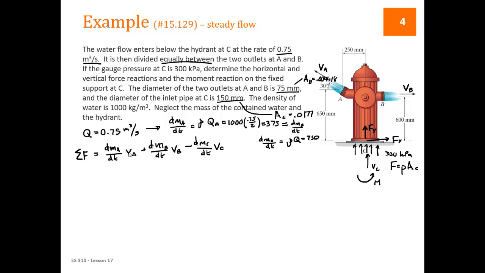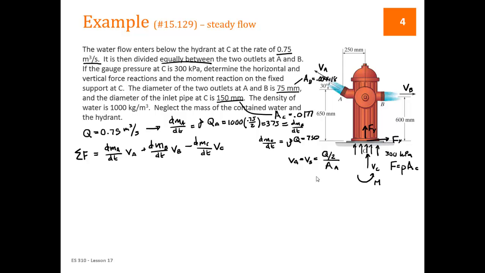We need to figure out these speeds. The speed is also related to the flow rate. The flow rate tells us the volume that's coming in, and if we know the cross-sectional area, then we can also find the speed of the flow that's coming in. So VA is equal to VB, once again, because the areas and the flow rates are the same. We've got Q over 2, which is the flow rate for VA and VB, divided by the area of VA and VB.